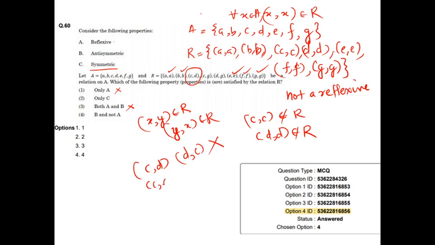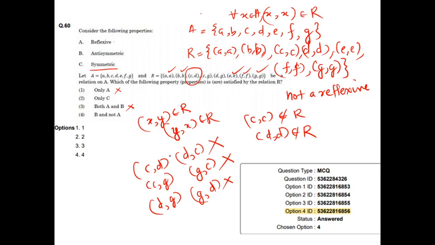What about the next one? CG. No GC is there, so that is also violated. The next ordered pair is DG. There should be GD present, so that should also be eliminated.